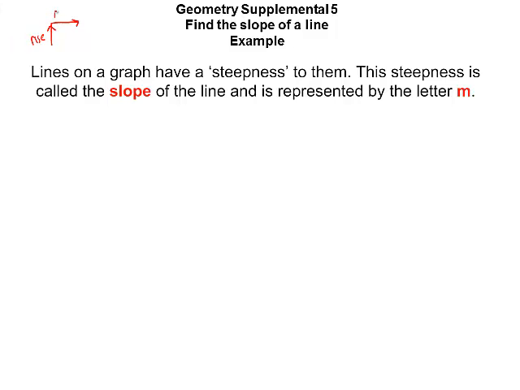Up is rise, over is run, and slope is rise over run. If you can't remember that, remember you have to rise, you have to get up before you can go running. So it comes on top. It's represented by the letter M. I've had lots of people ask me why M. M means magnitude, and magnitude is also steepness. So that's where that came from.